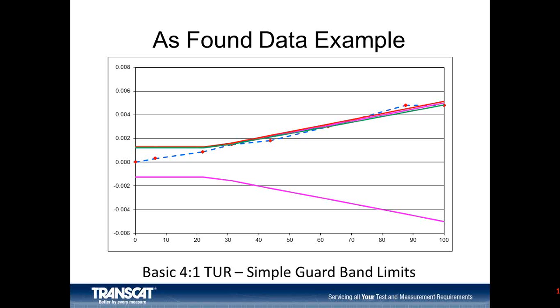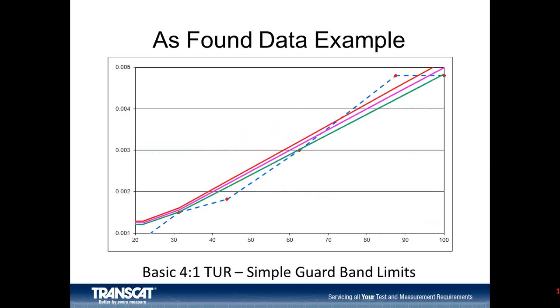Even if we have a 4-to-1 test uncertainty ratio, if we apply the statistically based tool of guardband, even the simple guardband limits, you can see the window about that upper limit is much tighter. Let me zoom in on that a little bit so we can see.